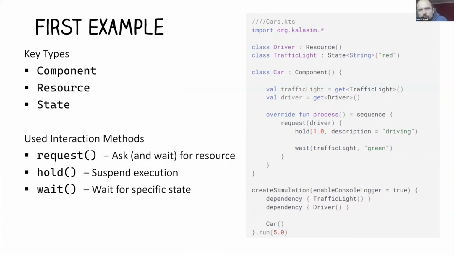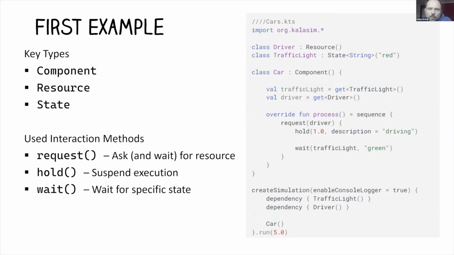So let's look into a first example. How does it actually work? How do we write a simulation model? Here on the slide, we see a first example, and it's about a car driving around. How do we model this? What we need for sure are the entities in the simulation, and every entity is modeled as a so-called component.